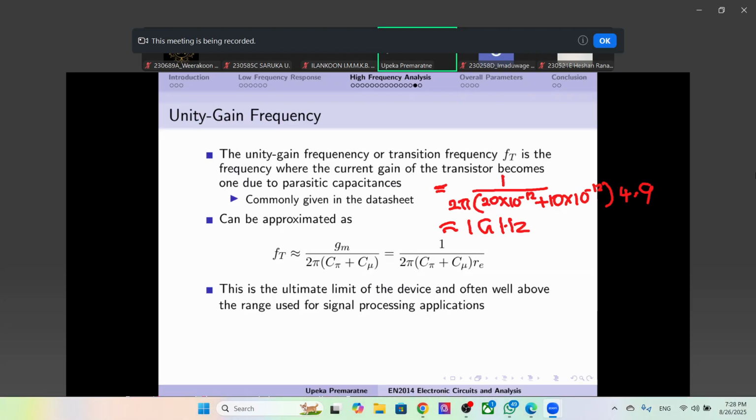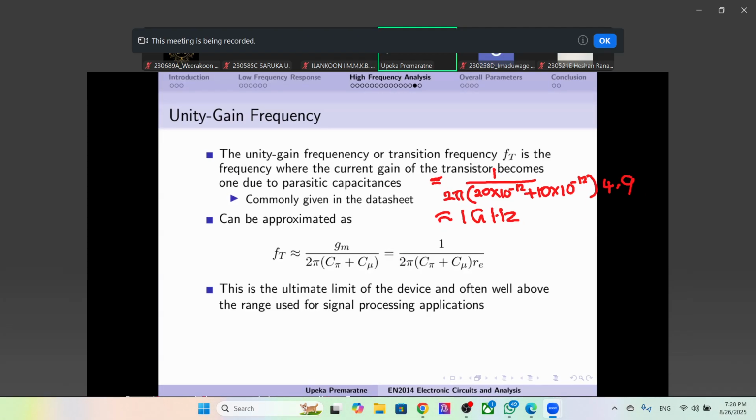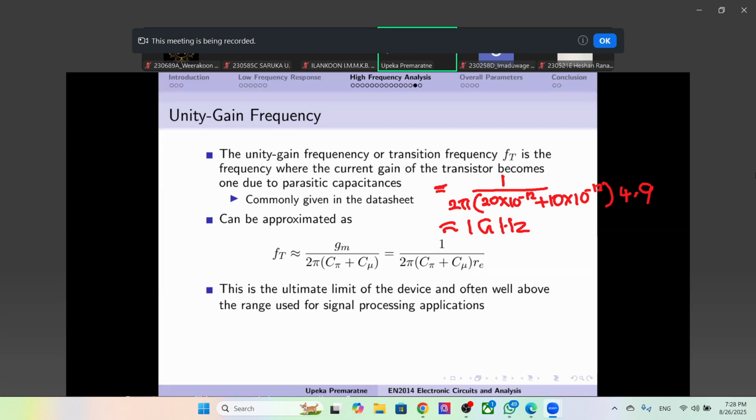So now there is another question that I have given, right? But as I can remember, I have not asked the transition frequency for the exam.